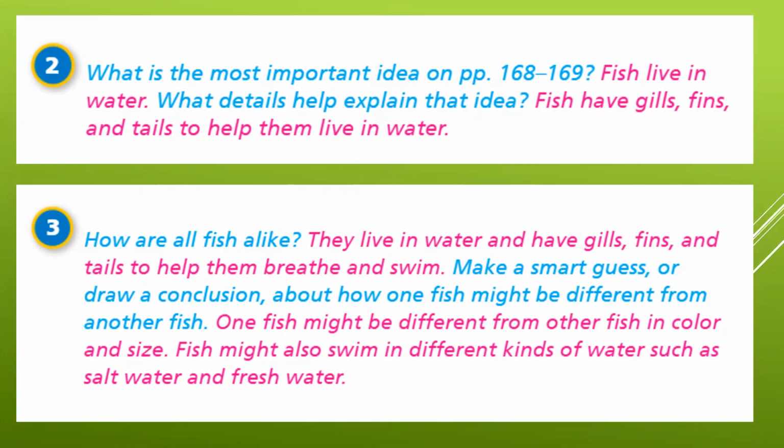But how are they different? They are different in colors, in shapes, in size. Some fish are big and the others are very small. They have different colors, different shapes, okay?